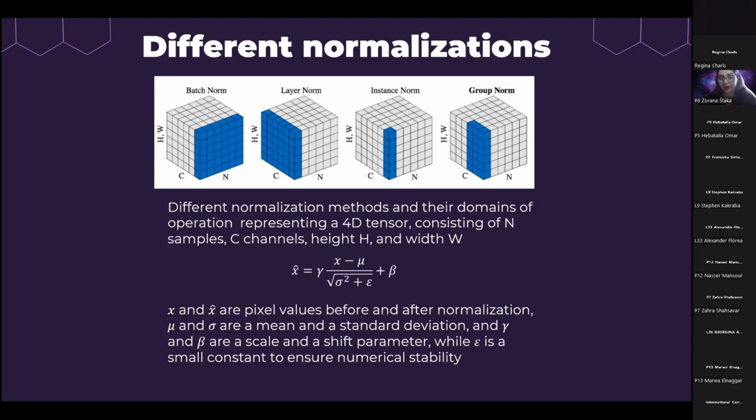So x and x-hat are pixel values before and after normalization. Here we have mean and variance, and gamma and beta are something called scale and shift parameters that are really important for us in normalization. And epsilon is just a small constant so that we don't end up dividing by 0.